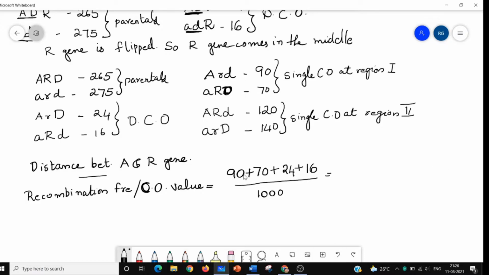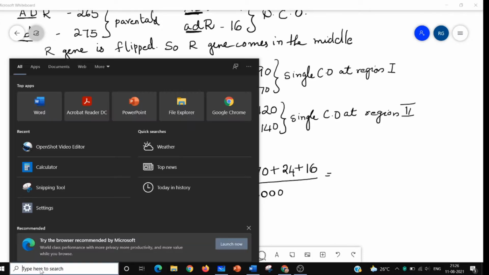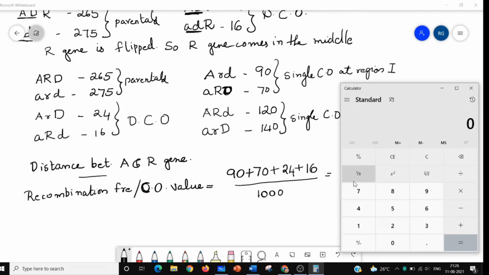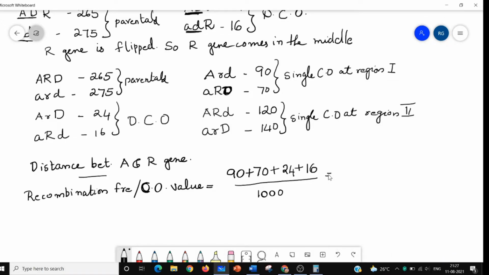Okay, now let us see how we get the result. I am just taking the calculator. So it is 90 plus 70 plus 24 plus 16 divided by 1000 into 100, because we express it as a percentage.